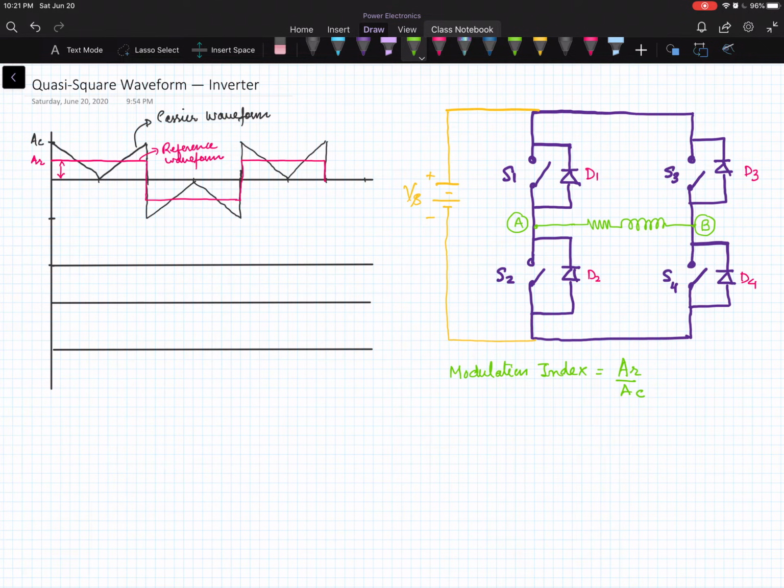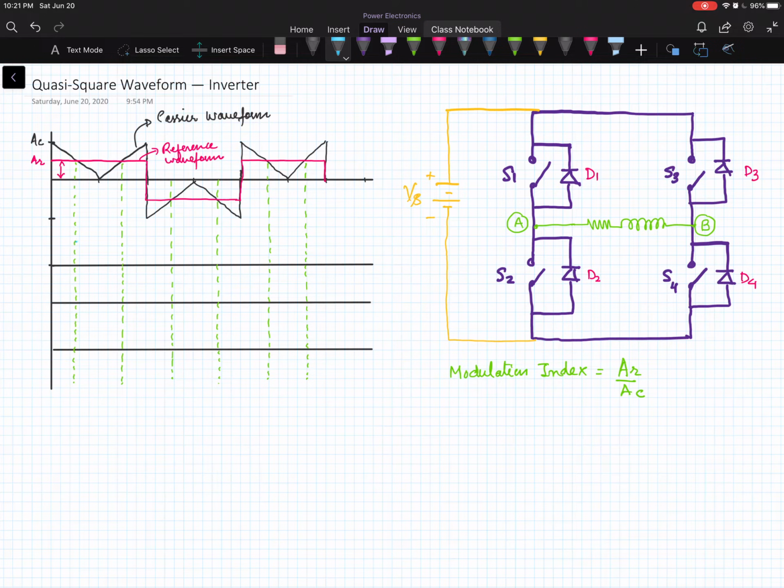We generate gate pulses by the comparison of these two waveforms. So if I sketch a line from their point of intersection, it will look like this. Now we define a logic, and what is that logic? When our reference waveform is higher than the carrier waveform, we have logic high at the output.